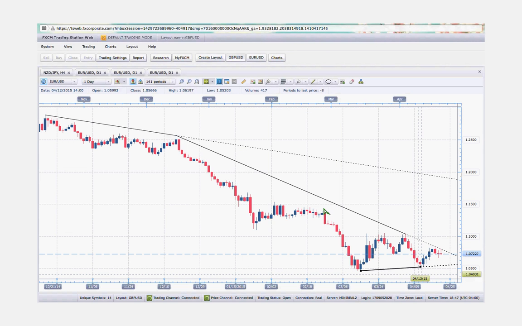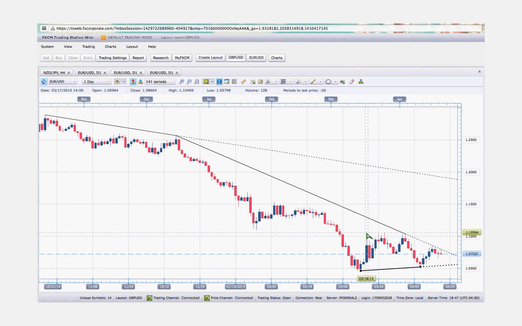You can see that price is in an overall downtrend, although it created a higher low right here. So basically, it created a lower high in the scheme of things here.